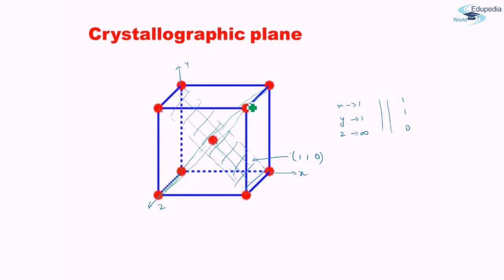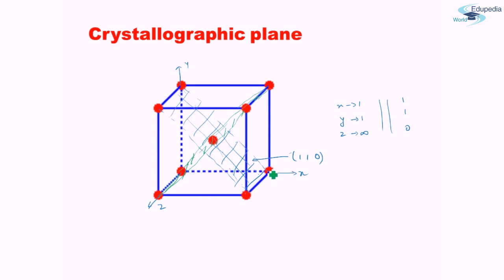This plane is also a close packed plane because it passes through these 4 corners and through the body center. So if this were the plane we are looking for, what would have been the Miller indices for this? Now if we take this as the origin, then this plane passes through the origin. So we need to shift the origin.